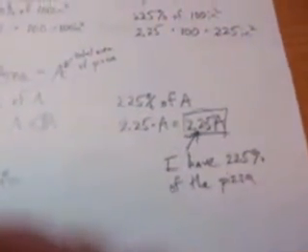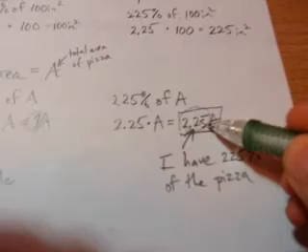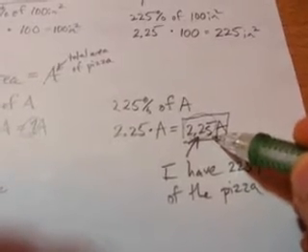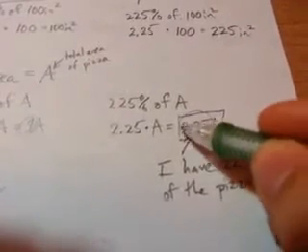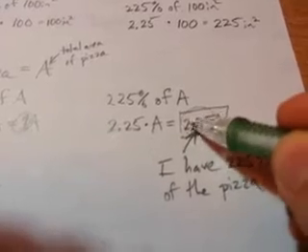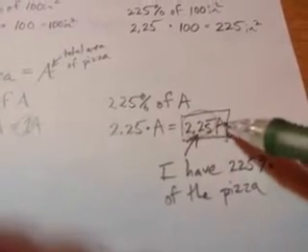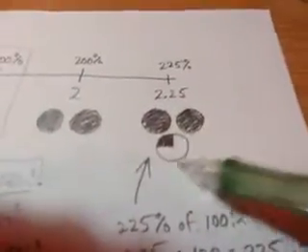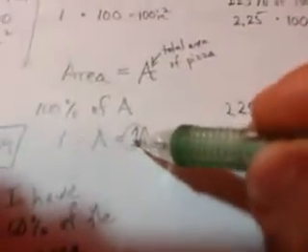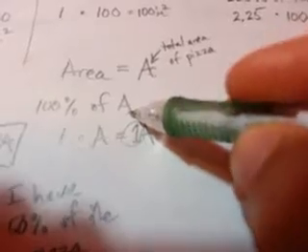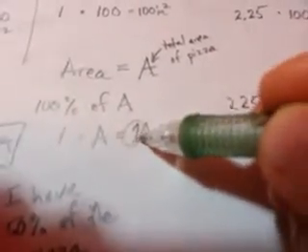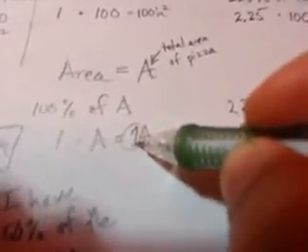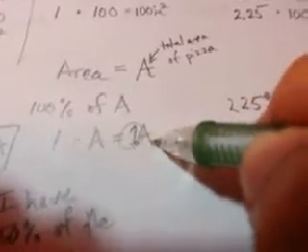So anyway, going back to what we were talking about, they're going to just give you 2.25A. What does that mean? You're just saying that I want 225% of that A, meaning I want all this pizza. And at the very beginning, if I wanted 100% of A, that's just 1 times A. The number in front tells me what percent or what fraction of A I want.